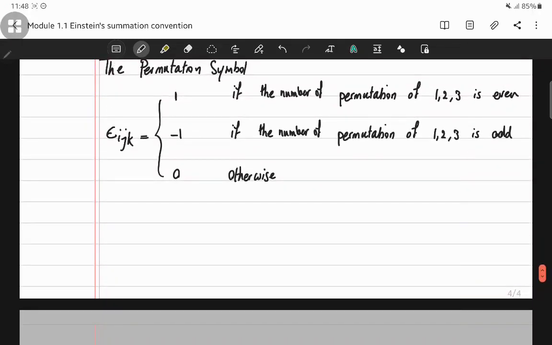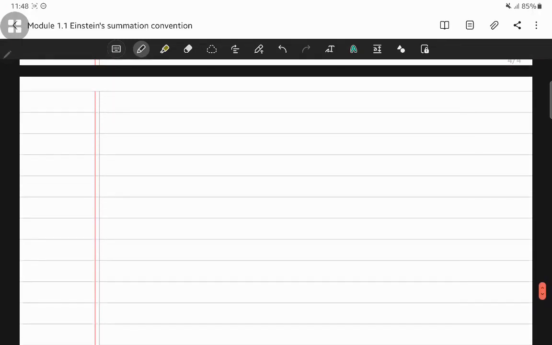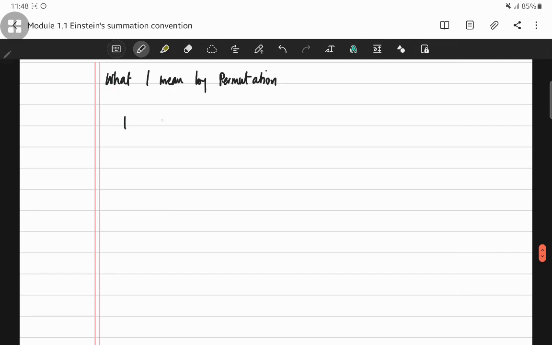And what I mean by permutation: the default value is 1, 2, 3. This is the default value.